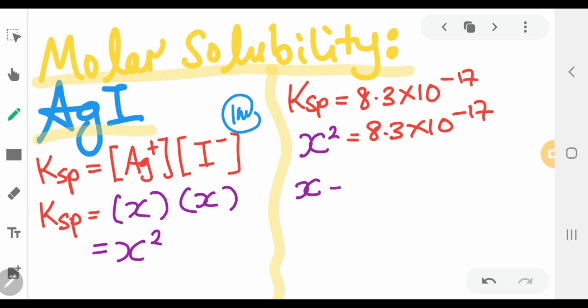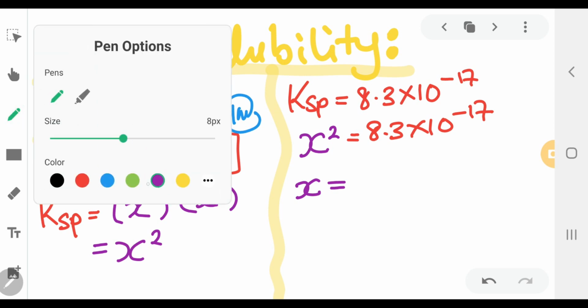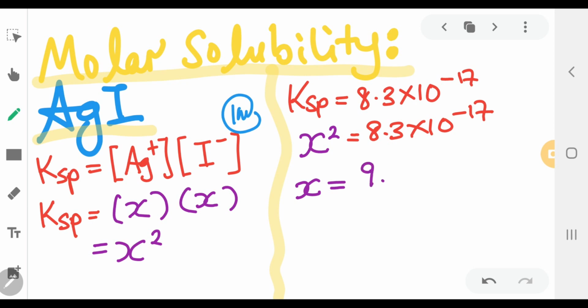And thus X is about 9.1 times 10 to the power of negative 9 molar.